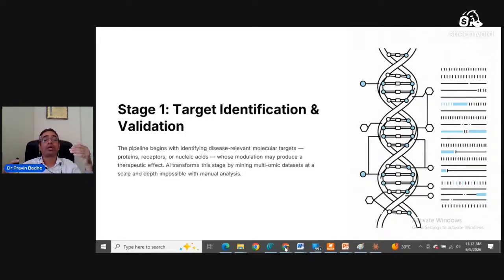So we can actually validate the protein. So AI is helping to understand that and transforming this stage, also connecting the protein with other databases like multi-omic data sets, or the protein databases which are available for analysis purposes.